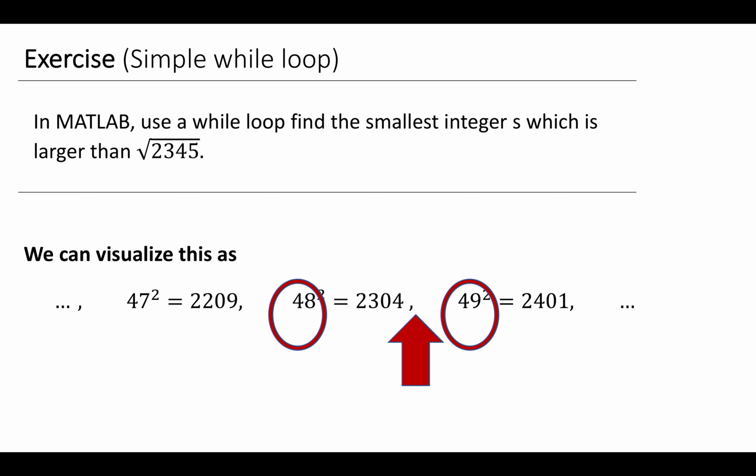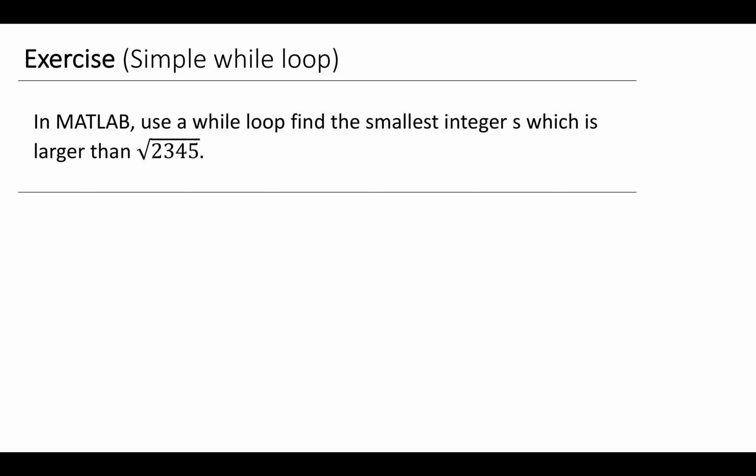When you go to the next one, 49, it'll be bigger. So these are the key numbers, 48 and 49. All these ideas are just going on in my mind at the moment to help me build the code.